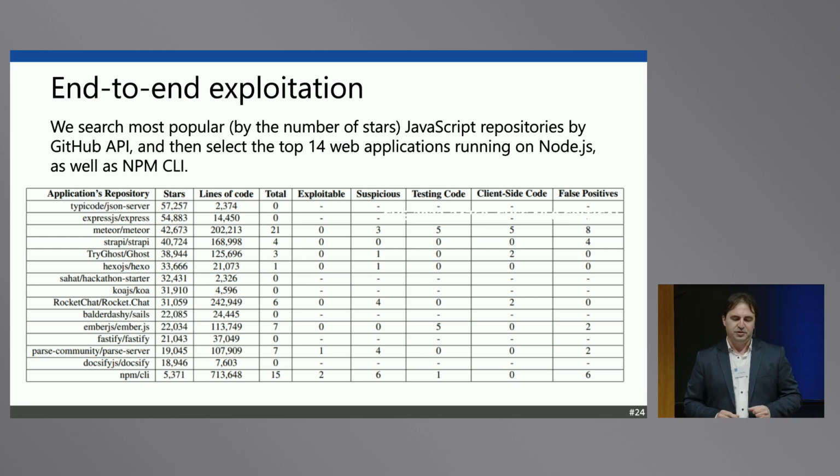OK, so here are a bunch of those. So we run these tools. And then what we find here is what you see in this column, total. OK? So surprisingly, given that we're aiming for remote code execution, there are not many cases. So static analysis is known for many false positives.